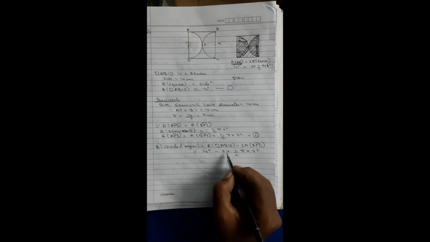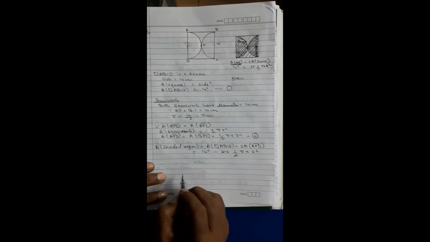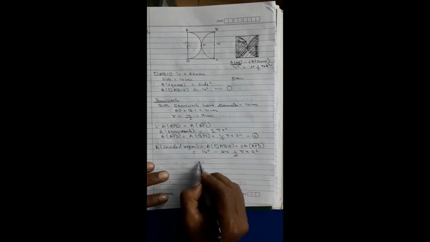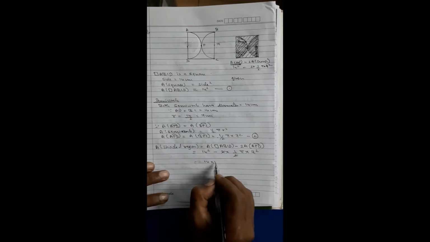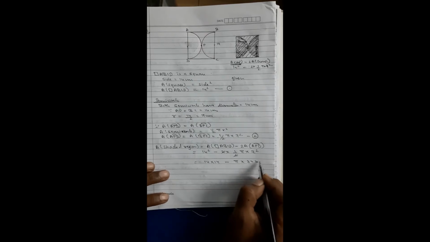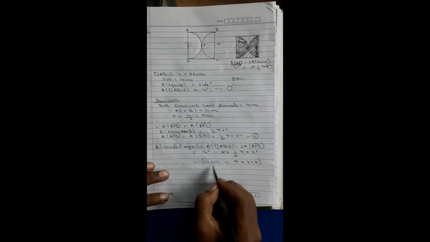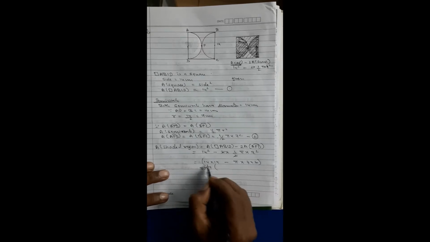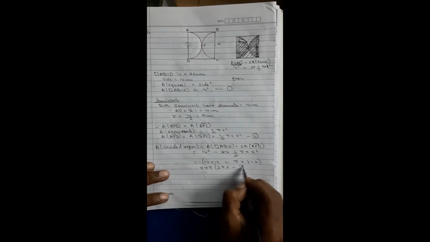Fine. So the 2 cancels with the 2. 7, 2 sevens are there over here, you can make out. So it is 14 into 14 minus pi into 7 into 7. Okay, so this one 7 goes out, one more 7 goes out here, 2 into 2 minus pi.